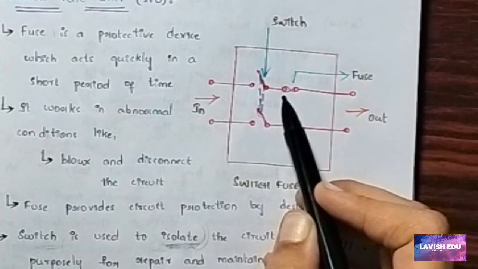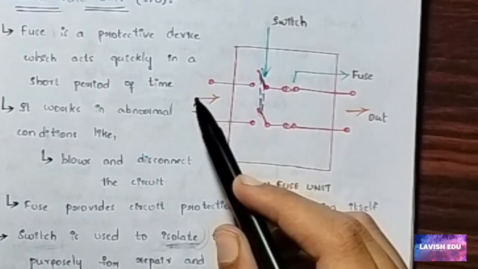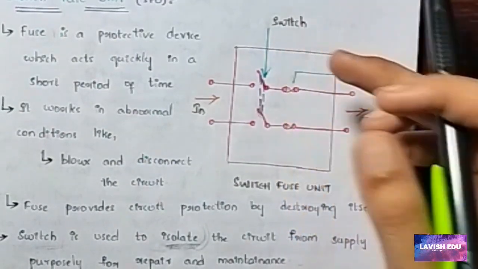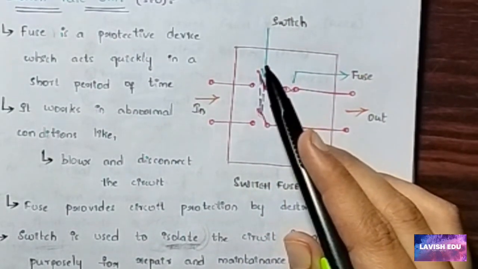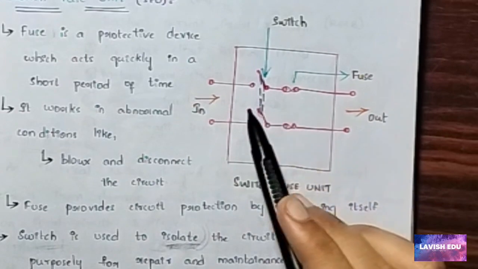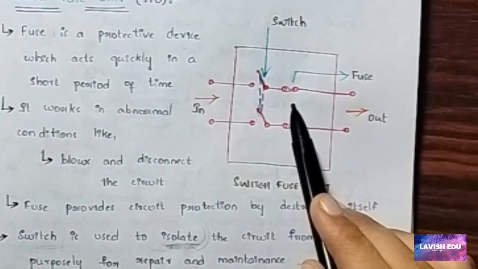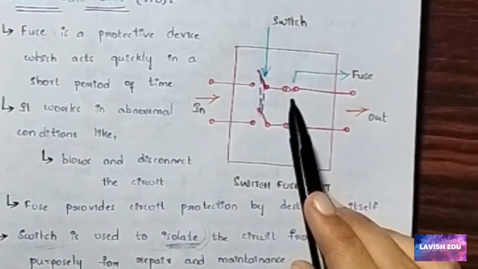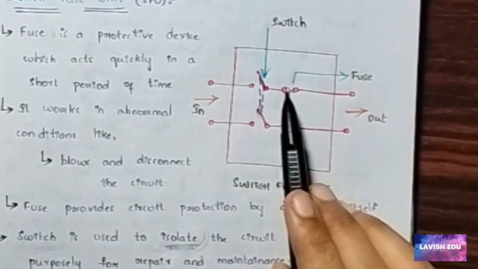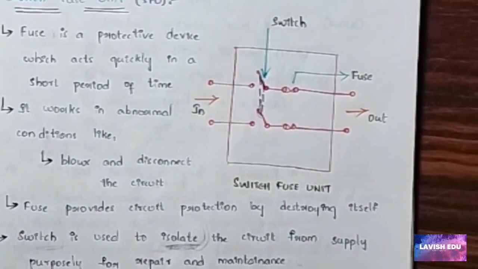This is the fuse which is connected to the switch, which is in closed condition. If a wrong current flows through the switch fuse unit, it automatically opens. How does this open? Is there any superpower behind the switch? No. When a wrong current enters, the fuse gets a signal, then it makes the switch open. Therefore, no short circuit or other problems will happen. This is all about the switch fuse unit.